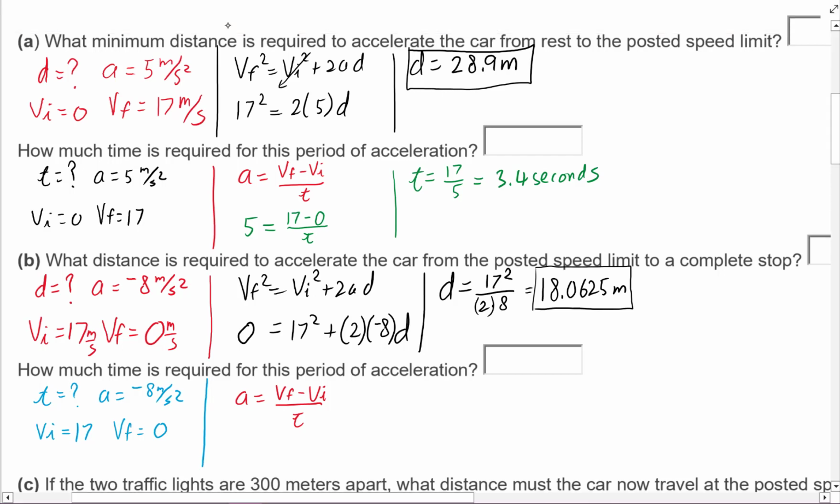And that will be -8 is equal to Vf is 0 minus 17 all over t. This gives us that t is going to equal -17 over -8, which equals 2.125 seconds.